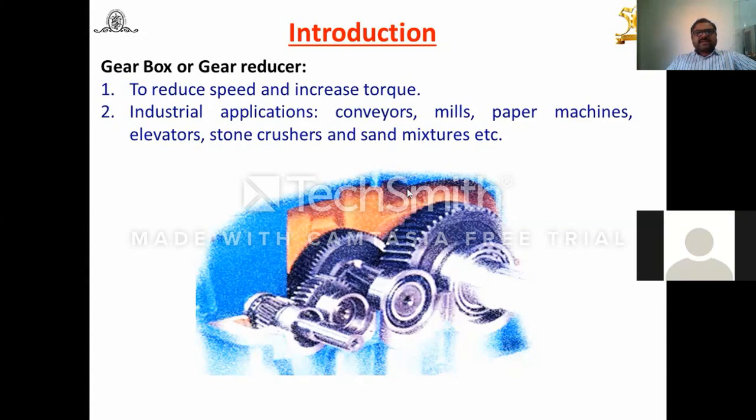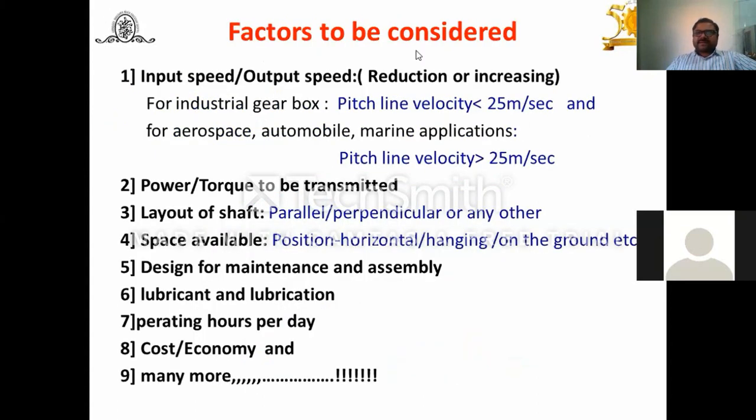Again, an important thing here: what are the important factors while designing the gearbox? You might have prepared your problem statement and completed your design work also. But what is the important thing here? In an industrial gearbox, the pitch line velocity is generally up to a maximum of 25 meters per second. You already studied in design of gears that helical gears can be used up to 30 meters per second.